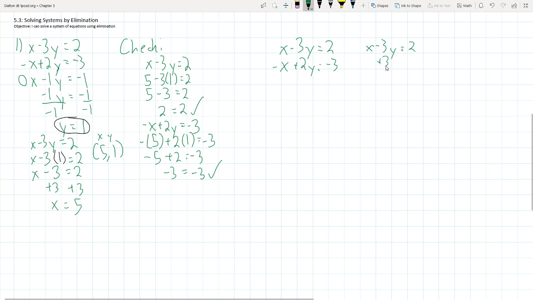Add 3y to both sides, and I get x equals 2 plus 3y. Now I take it and substitute it in, so I have negative 2 plus 3y plus 2y equals negative 3. Distribute the negatives.